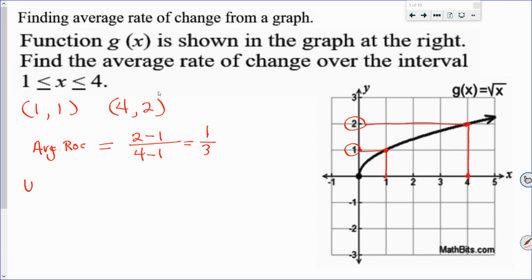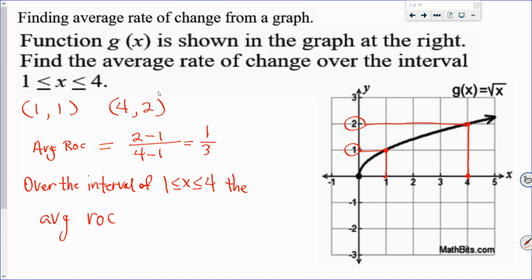So I'd say over the interval of 1 to 4, the average rate of change is 1/3.